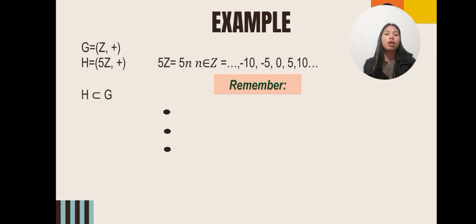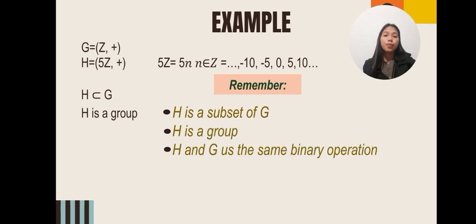So we have H is a subset of G, H is a group, H and G have the same binary operation. So that is what we took note of earlier. Therefore, H is less than G.